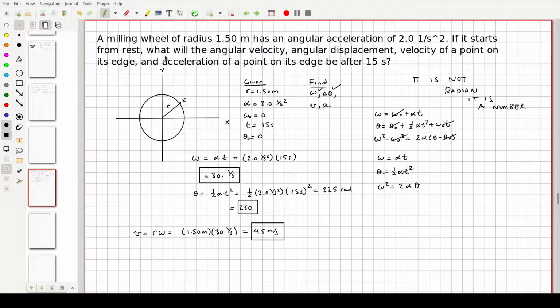What kind of acceleration did it have while it was doing this? Well, that's r times alpha, or 1.5 meters, whoops, not meters per second, times 2.0 radians per second squared. Well, 1.5 times 2 is going to be 3.